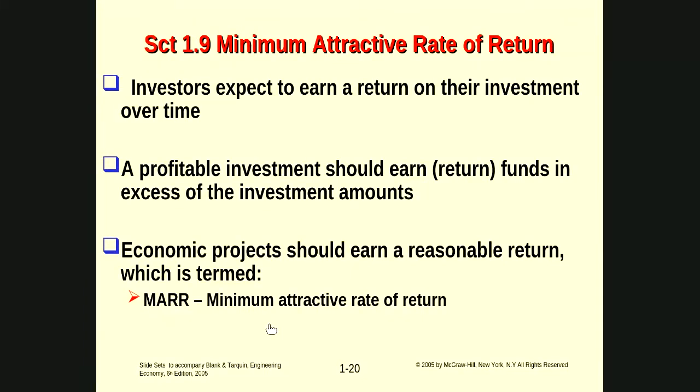If I invest 1 million in your business, your rate of return comes out at 5%. What is the minimum that could be acceptable to the investor? That we call the minimum attractive rate of return.